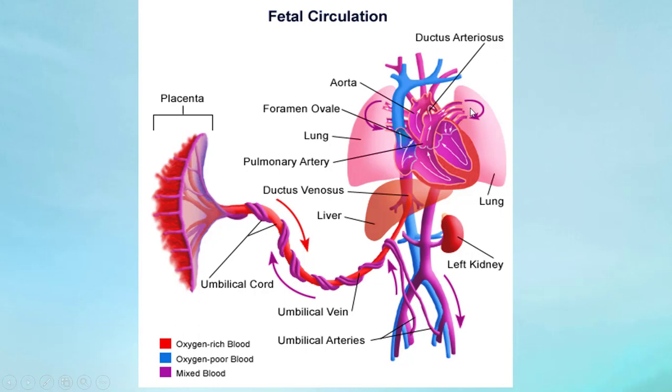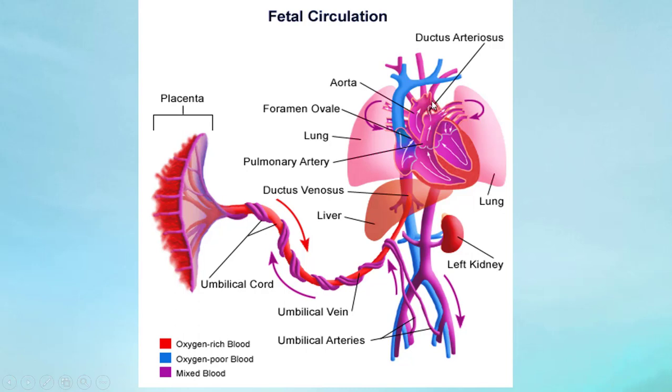Then we see venous return of the superior vena cava. The superior vena cava and inferior vena cava enter the right atrium. From the right atrium, blood enters the right ventricle, and from the right ventricle blood enters the pulmonary artery, and from the pulmonary artery to the aorta.